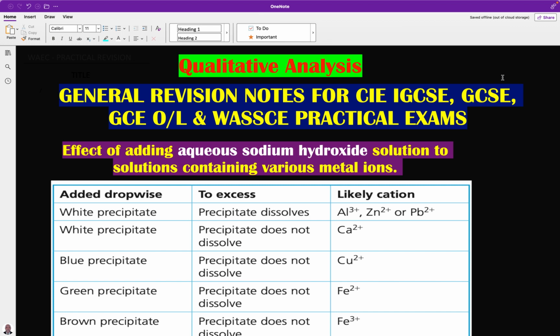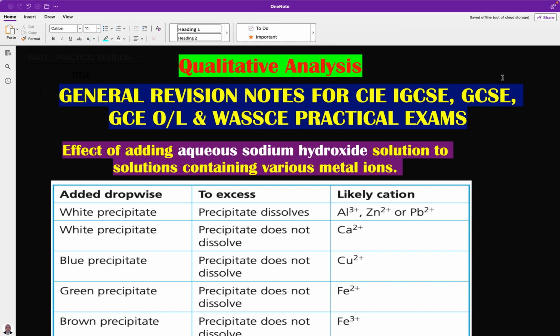We have three columns here: the column of observation of the salt solutions, the column of adding to excess of the sodium hydroxide solution, and our inference column, that is the likely cation that is present in the salt solution.